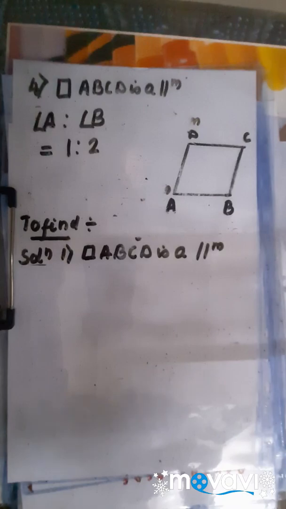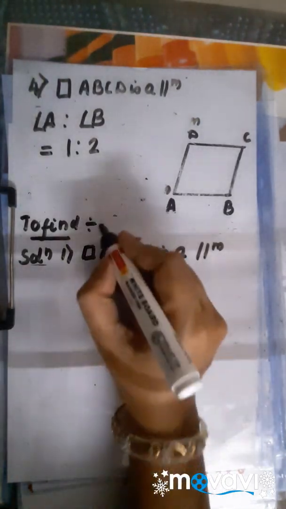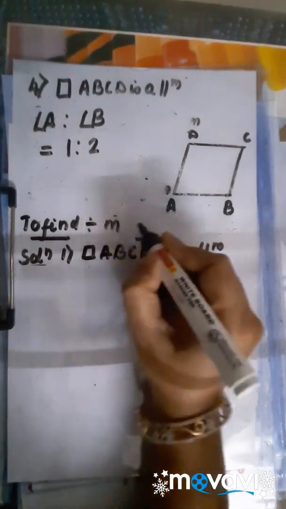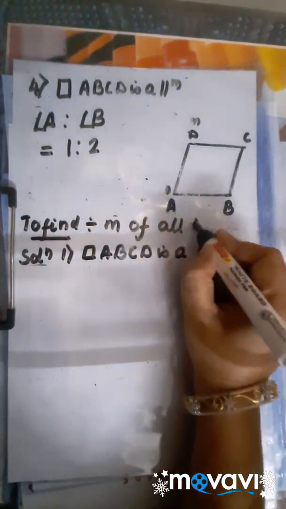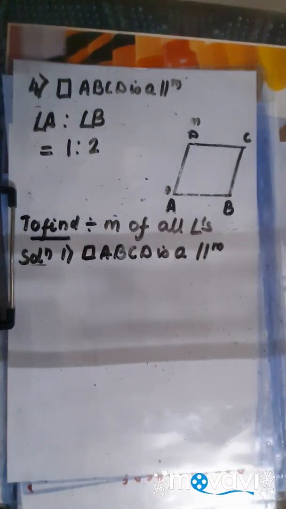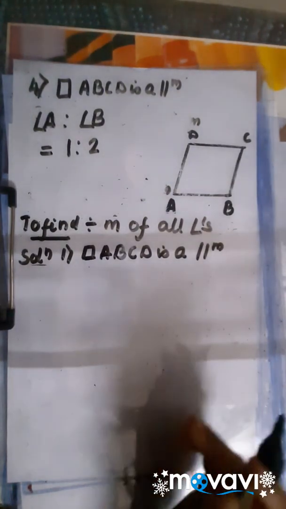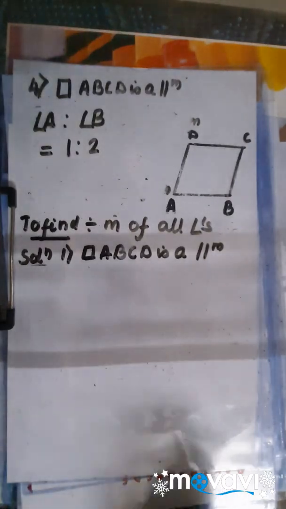Now what have we to find out? We have to find out the measures of all the angles of the parallelogram. So once again, I always start with ABCD is a parallelogram.